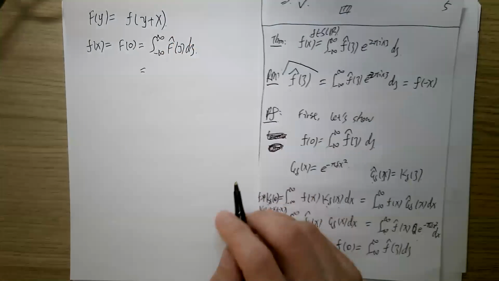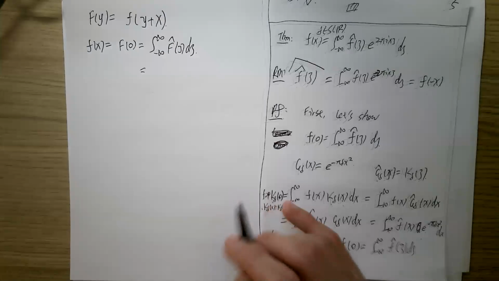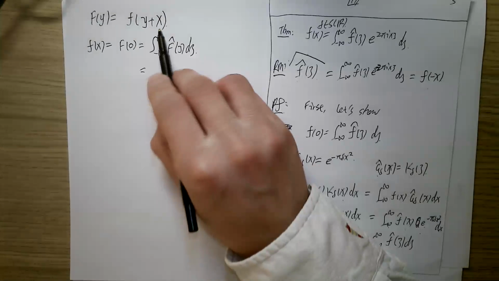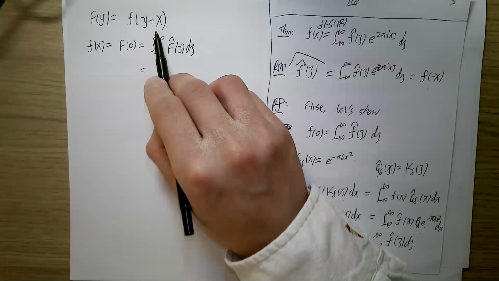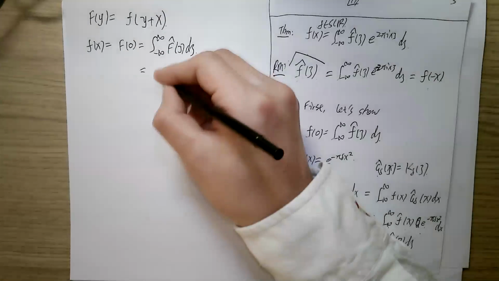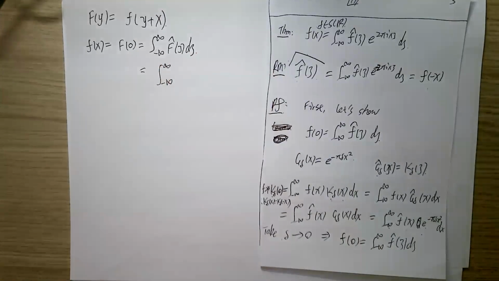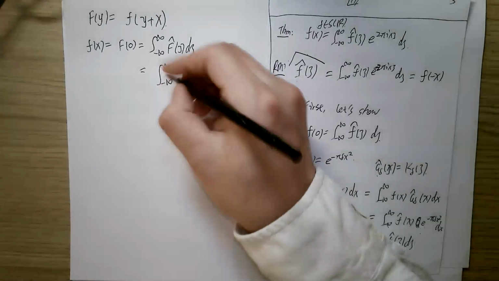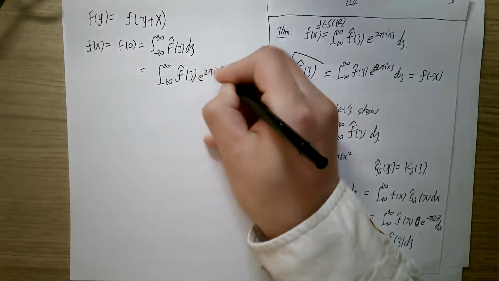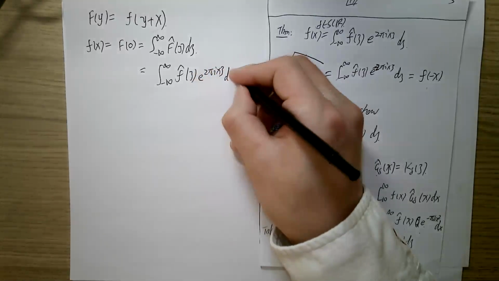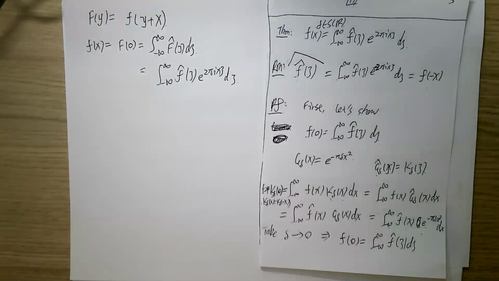Now, what is F hat? F hat is the transform of a translation of your function, so on the Fourier side, you should have a multiplication. This is a basic property of the Fourier transform. Okay? So you get it.